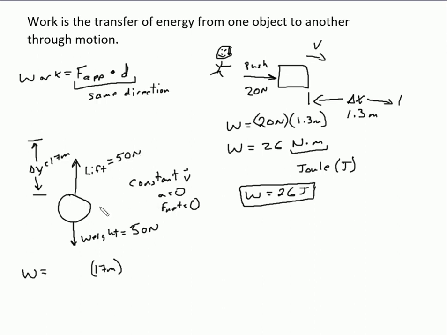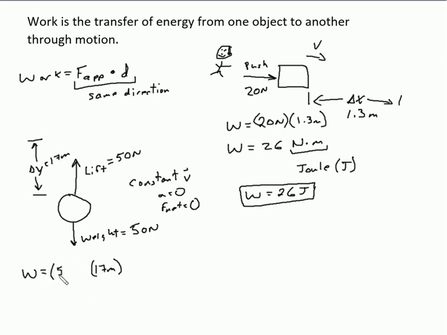So anytime we deal with any kind of lifting problems in this class, we will look at the weight of the object to determine the force that we're lifting with. Unless we're told differently, that's how we're going to approach these. So when I started the work down here, we said work was the force times the distance of 17 meters. Now we know what that force is.